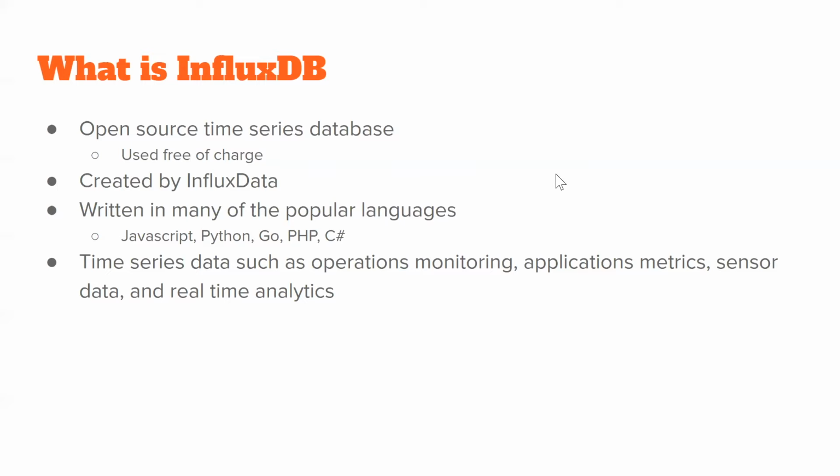It was created by Influx Data and written in many of the popular languages such as JavaScript, Python, Go, etc. Which is a really cool thing because you might think you don't know how to code in InfluxDB, but if you know how to do any of those languages, it makes it very easy to do.